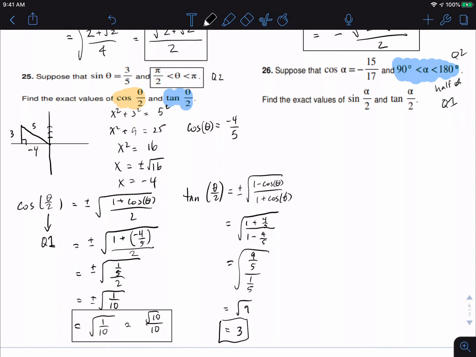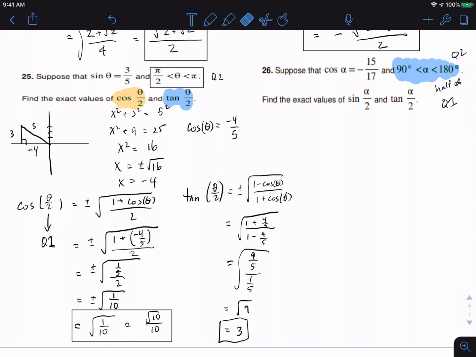Okay, so let me go ahead and do sine. So then sine of alpha over 2. Before I even do that, let me find out what my y would be.